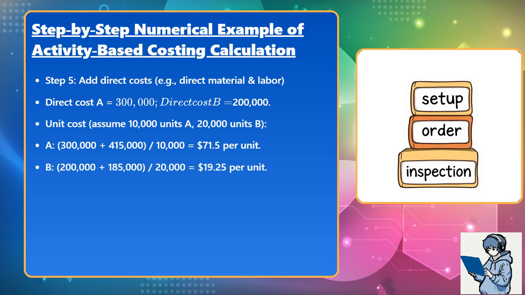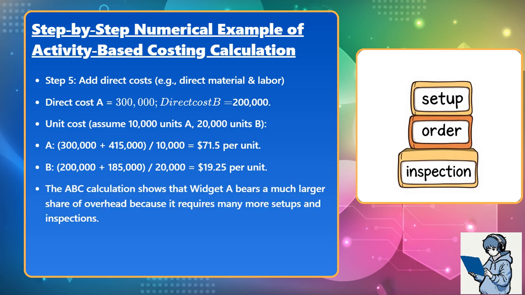B equals $200,000 plus $185,000 divided by 20,000 equals $19.25 per unit. The ABC calculation shows that widget A bears a much larger share of overhead because it requires many more setups and inspections.